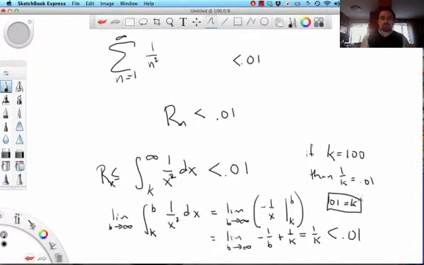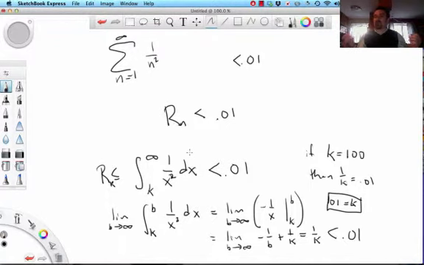If k is equal to 101 or bigger, that forces the remainder to be strictly less than 0.01, which means that after that point there's no way to change the first digit. So if I sum up to 101 terms, I'm guaranteed to get 1 decimal place accuracy, even though I don't know what the actual sum is.